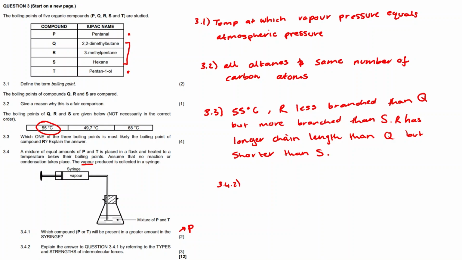This means that the intermolecular forces in compound P are a lot weaker than the intermolecular forces in compound T. So less energy is needed to overcome the intermolecular forces in compound P, causing it to produce vapor at a much lower boiling point.